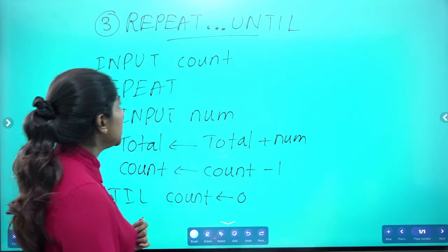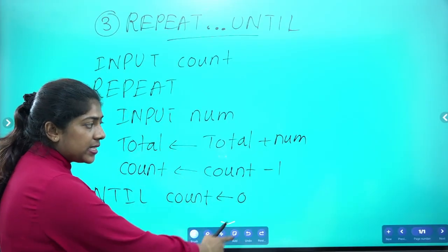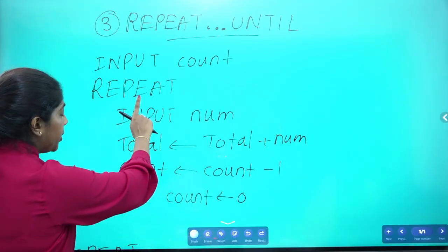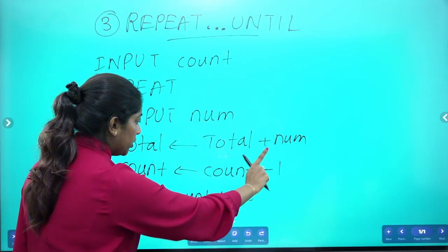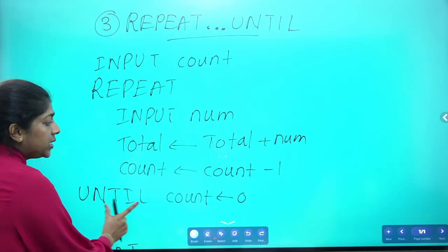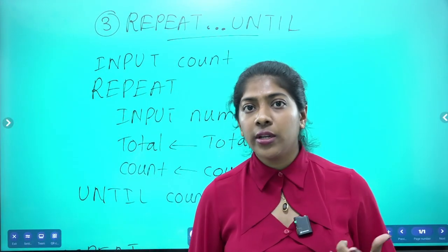As long as a certain condition is false, the loop will run. So repeat: input number, total equals total plus number, count equals count minus 1, until count equals 0.